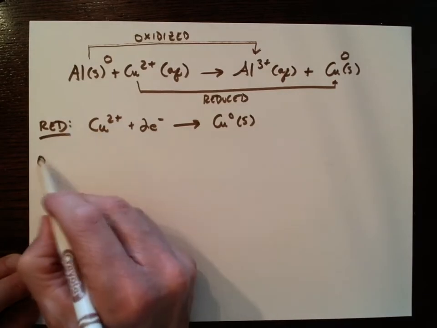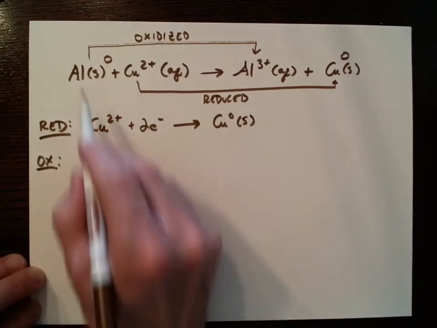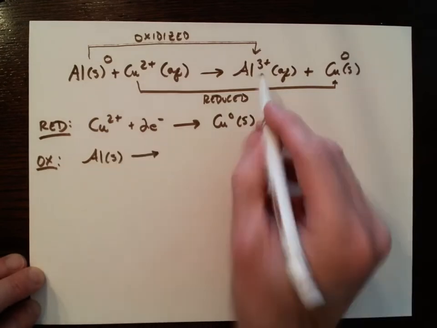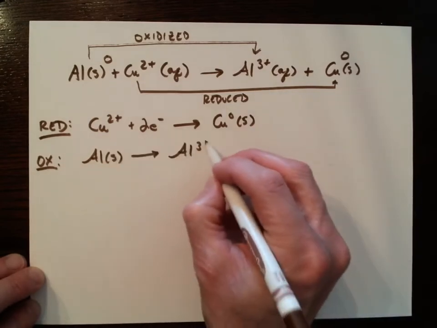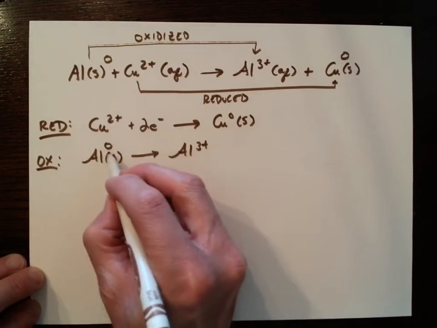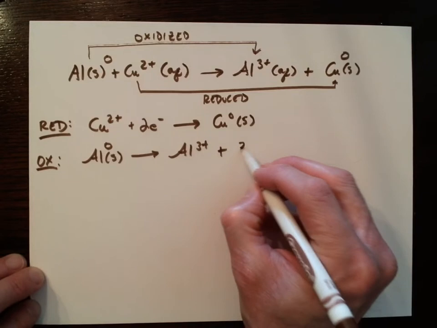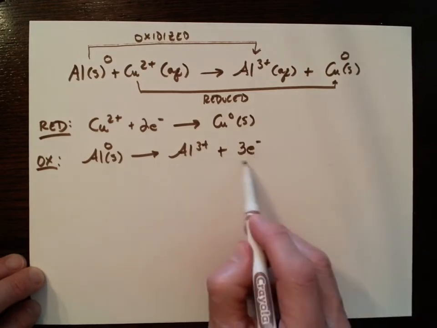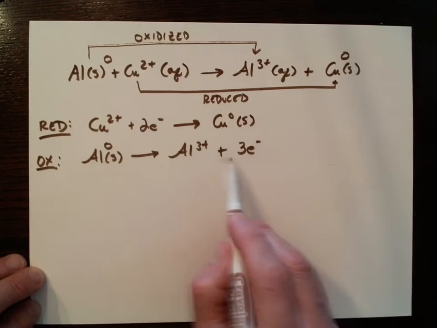Now we'll write the oxidation reaction. Aluminum solid is going to go to aluminum 3+. The total oxidation number over here is 0, so it means we're going to need 3 electrons over on this side. This total charge here ends up being 0.